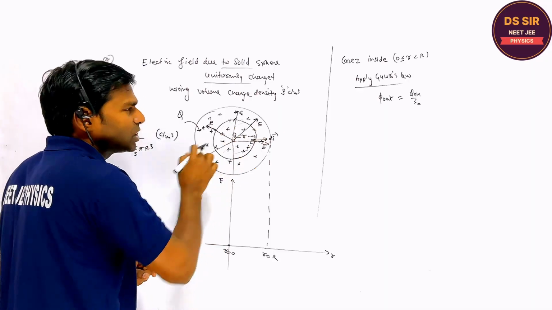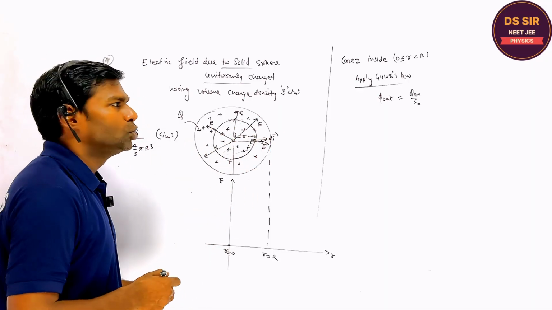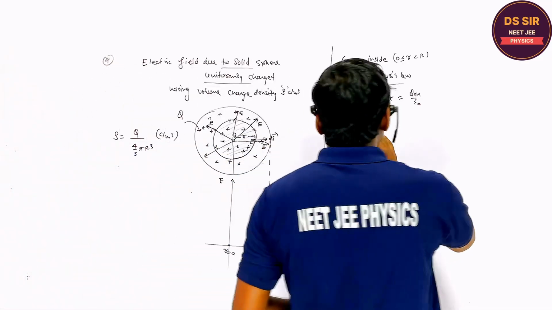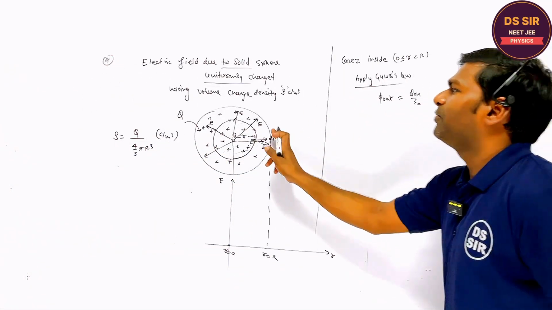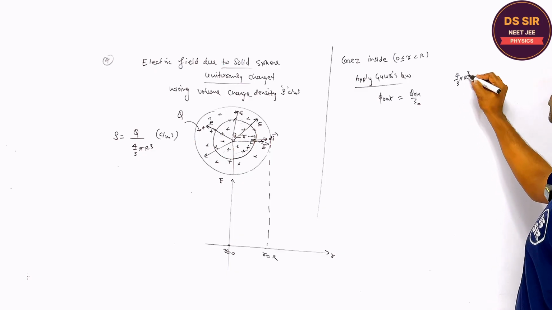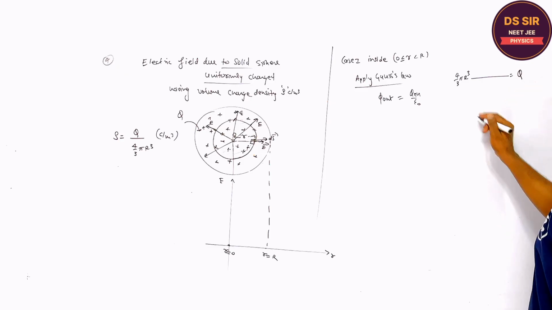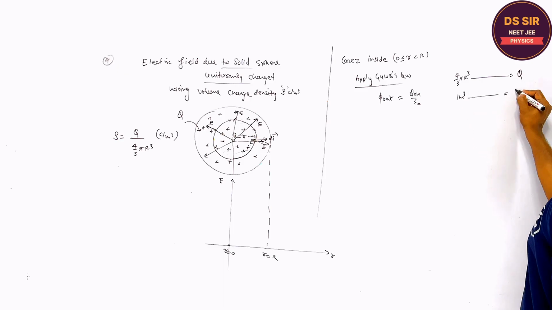In this case, you have to find the charge enclosed first. How to find the charge enclosed? Using the unitary method. If you consider the total volume, the volume is 4 upon 3 pi R cube, and the total charge distributed over the volume is capital Q. So for 1 meter cube, the charge is Q upon 4 upon 3 pi R cube.